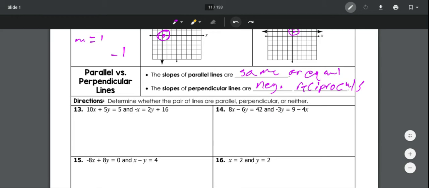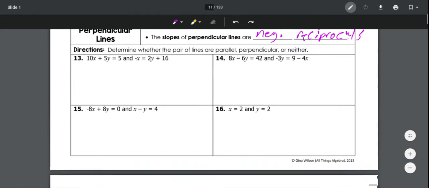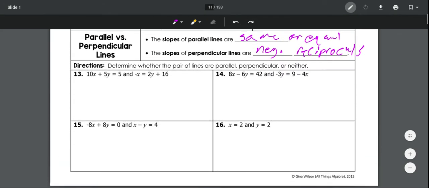All right, so I'm just going to do one of these to show you. Okay, so let's look at 13. The best way to find slope is to put these in slope-intercept form. So I'm going to take my first equation and put it in slope-intercept form.